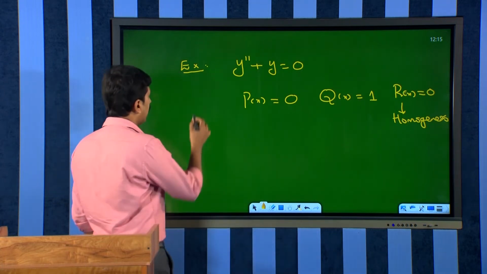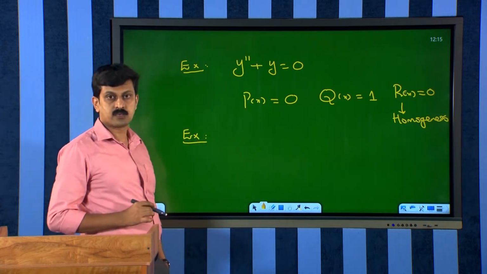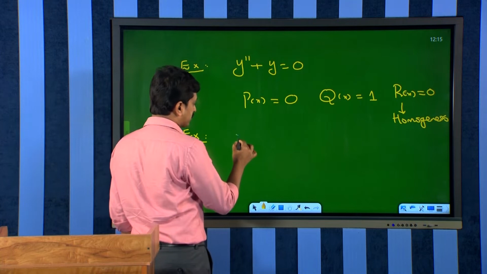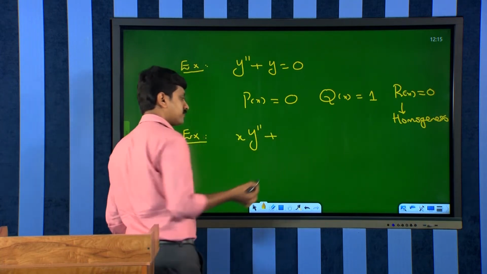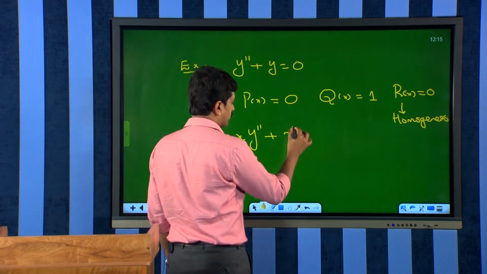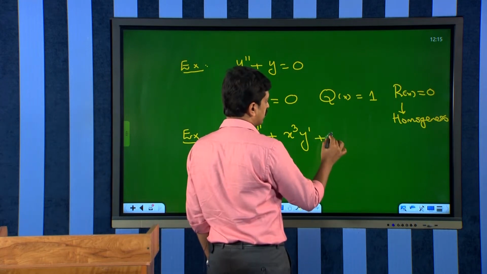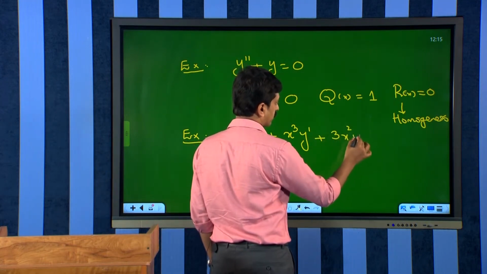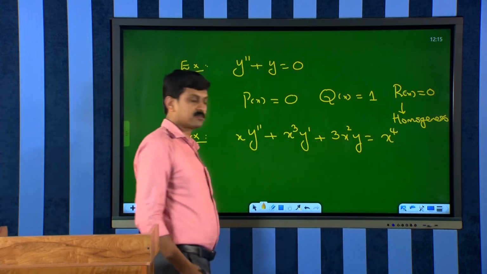Say maybe while discussing another example, x y double dash plus x cube y dash plus 3x square y is equal to x raised to 4.